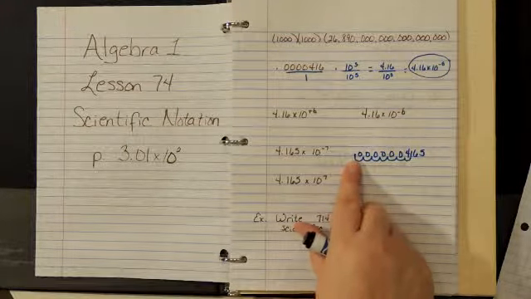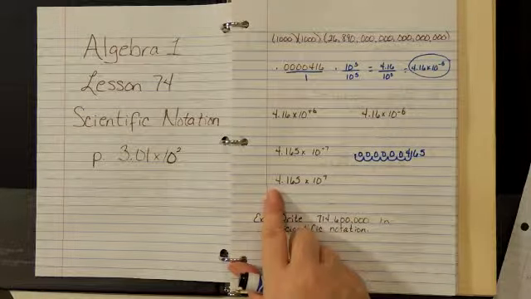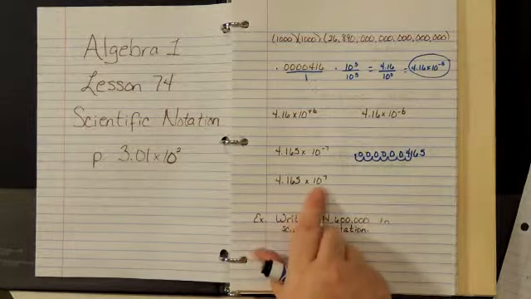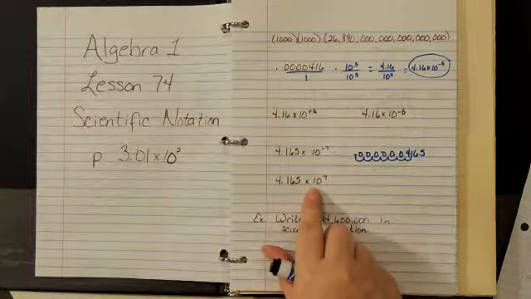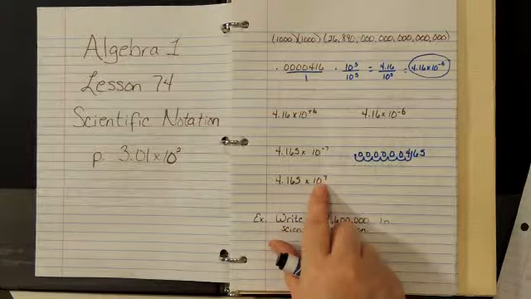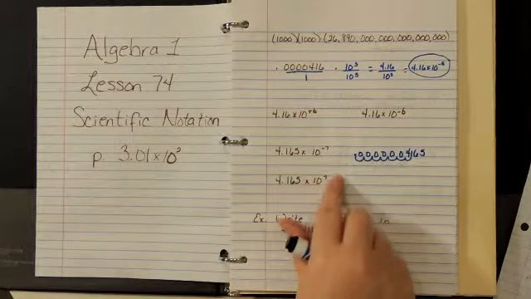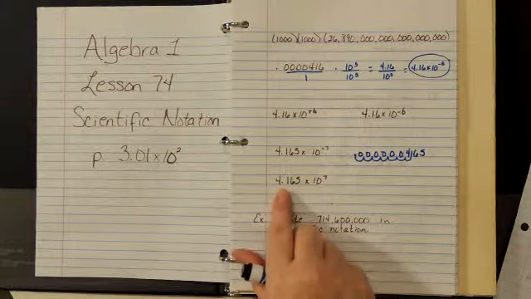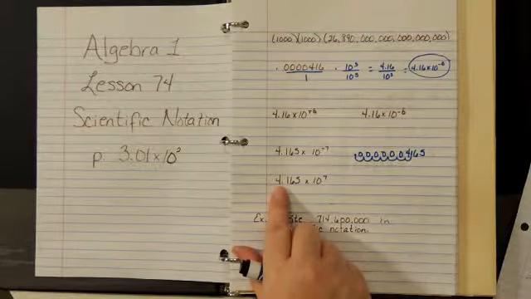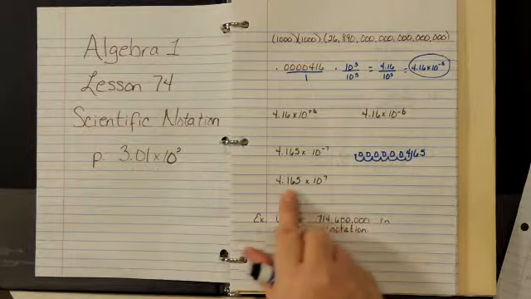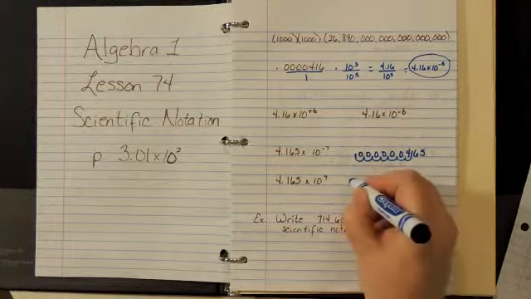Let's look at this number. 4165 times 10 to the positive 7. So this decimal place indicator is telling us that the true location of this decimal is 7 places to the right.